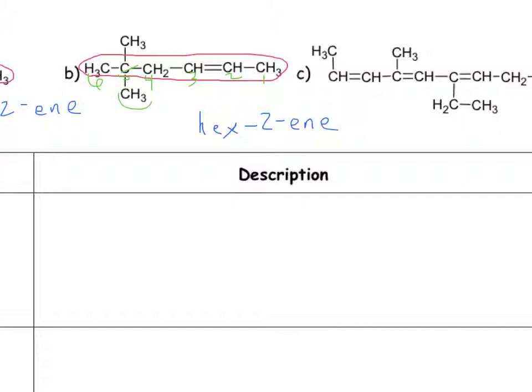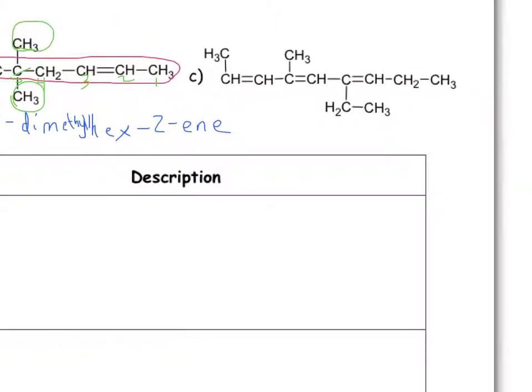Now I also need to include these 2 groups in my prefix. So there are methyl groups. I have 2 of them, so I put a di in front, and position number, they are both on carbon number 5. So B is 5,5-dimethylhex-2-ene.